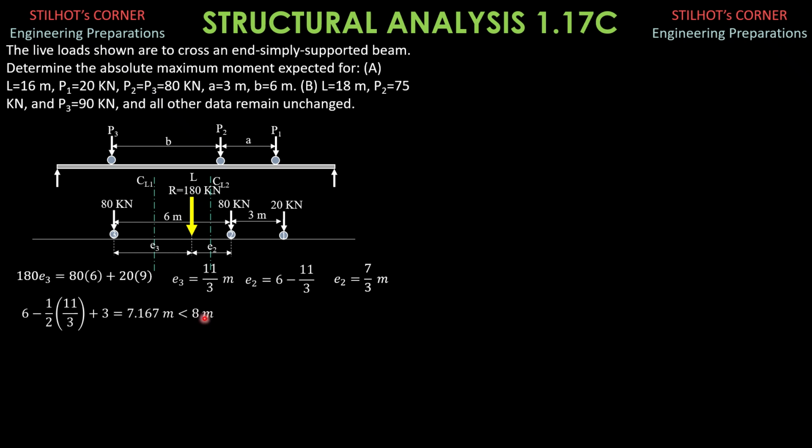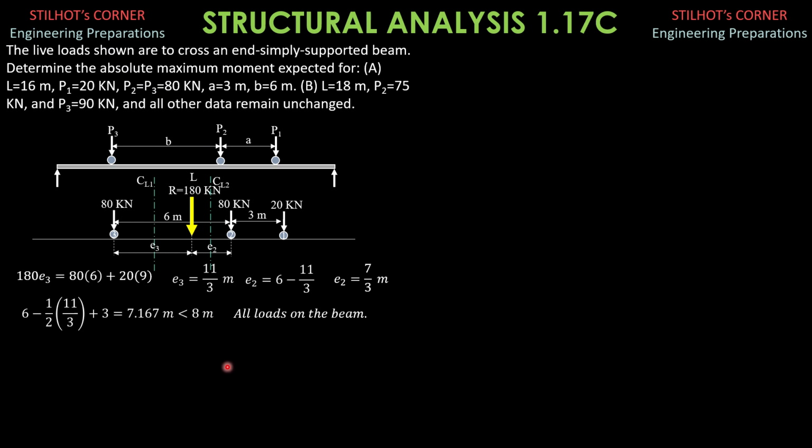So therefore, all loads will be on the beam when maximum moment is expected under load 3, although it's obvious under load 2, and much more if the absolute maximum moment occurs under load 2, all the loads are on the beam. So all loads on the beam.